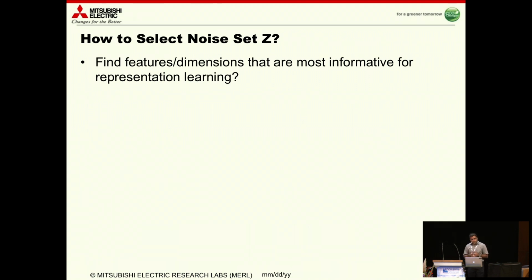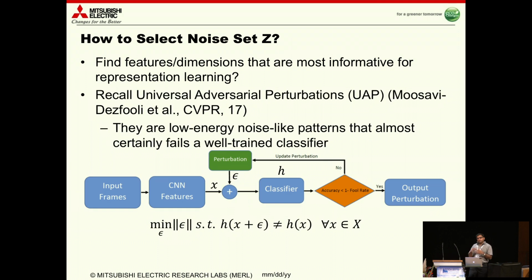Now, the critical question is, how do you select Z? Because Z is a set that you want to use to extract the good features from your input data. So here we use this mechanism called the universal adversarial perturbations, which was proposed by Moosavi-Dezfooli in CVPR 2017, and they show that if you have this kind of optimization problem, where you want to find the minimum perturbation that can be added to your input data, and that will misclassify a very well-trained classifier.